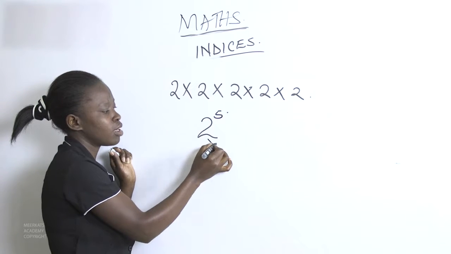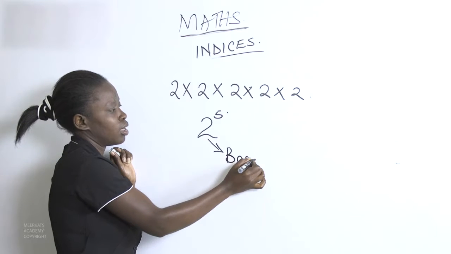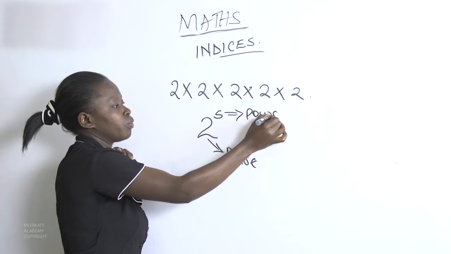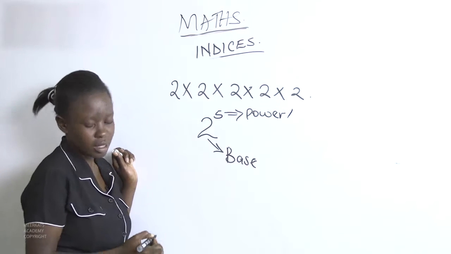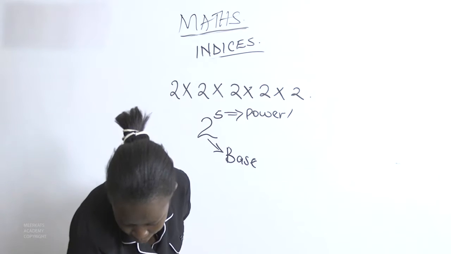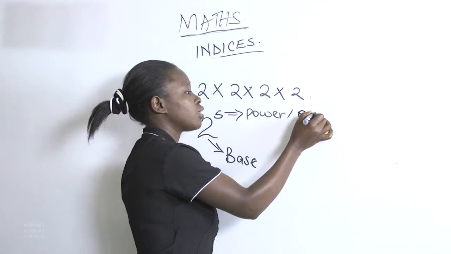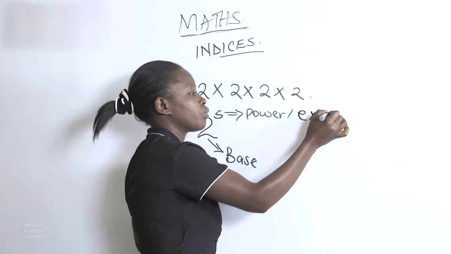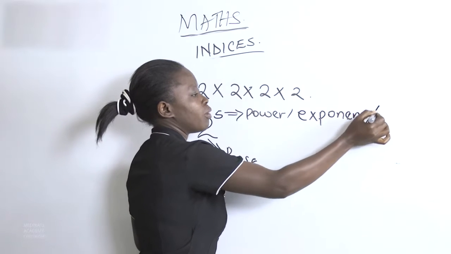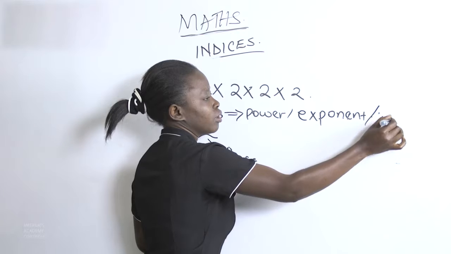In this case, 2 is my base and 5 is the power. Or if we don't use the power or the index, then we say that this is our exponent. So it is a power, an exponent, or an index.